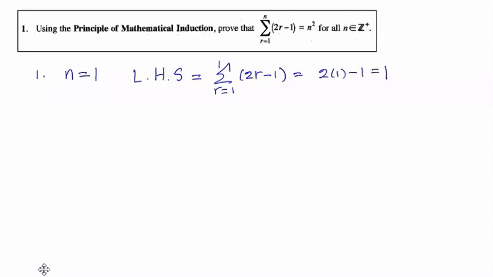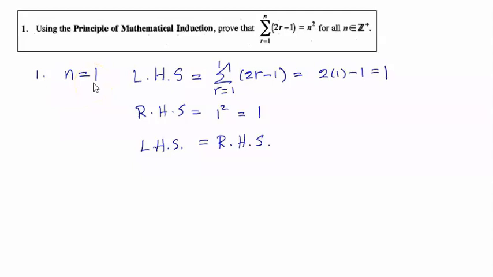Since the summation does not go beyond 1, you only have 1 term, which is this 1. That's the left hand side. The right hand side, when n equals 1, would be just plugging in 1 for n squared, which means you get 1 squared, that is just 1. This shows us the left hand side equals the right hand side. So we have just shown that the result is true for n equals 1.